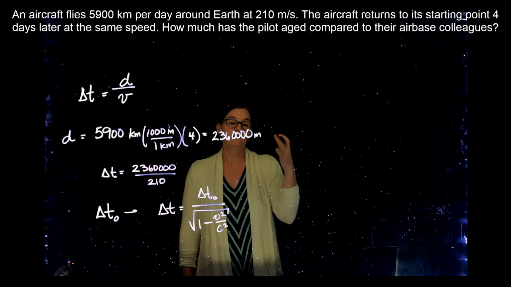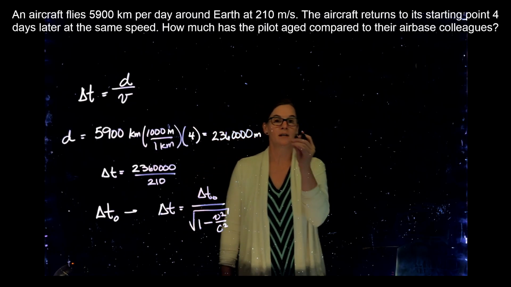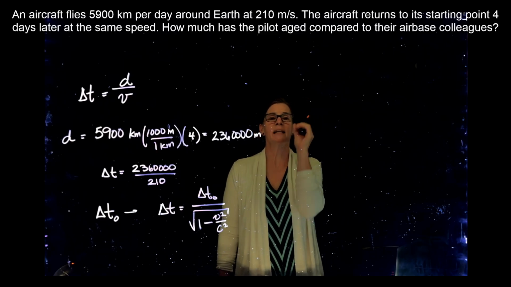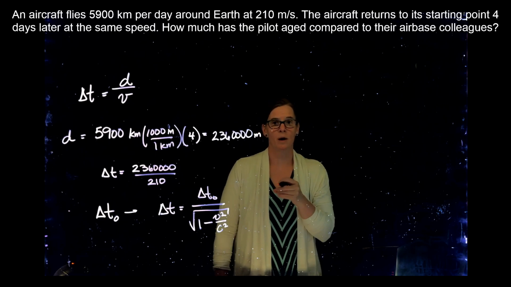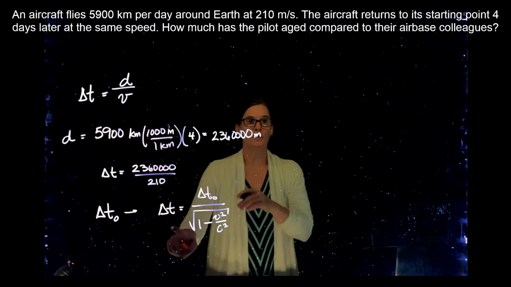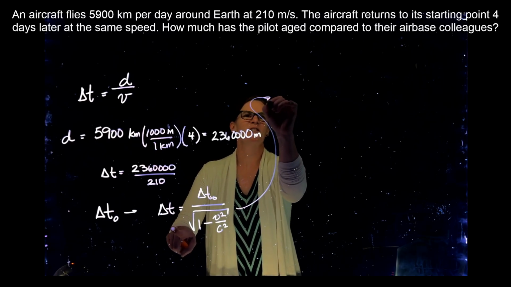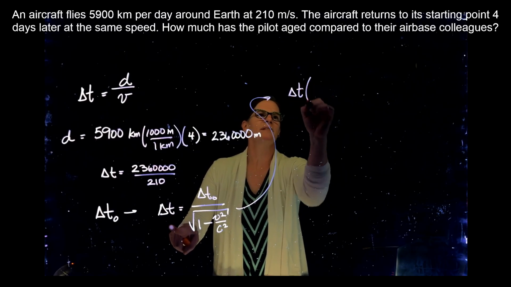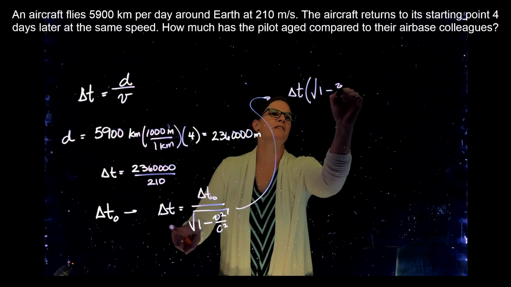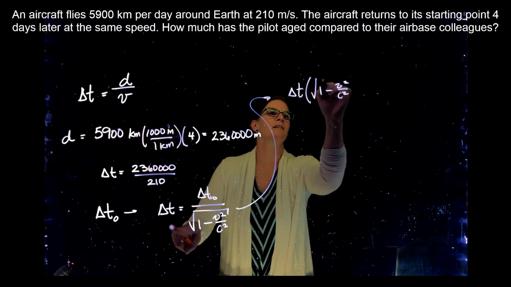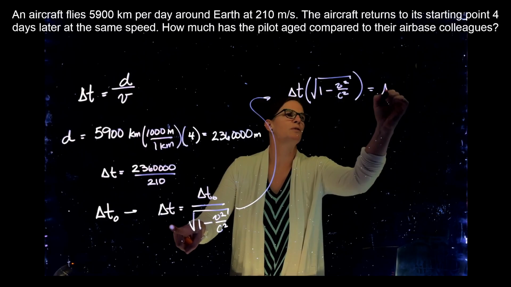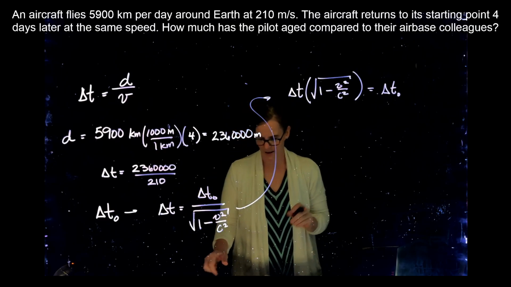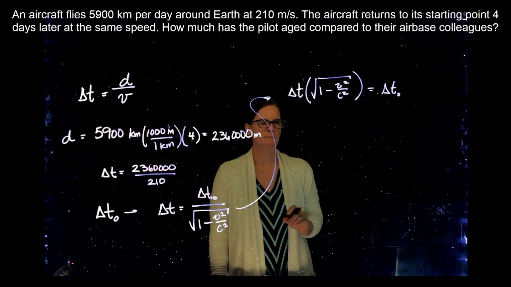Okay, so the event of that person going around the circle in the plane 4 times, that event for them is our proper time. So we can use this relationship, and we have delta T times the square root of 1 minus v squared over c squared is equal to our delta T naught, our proper time.